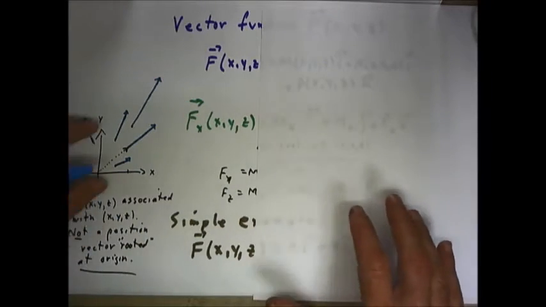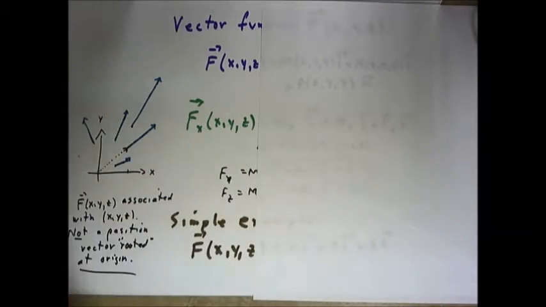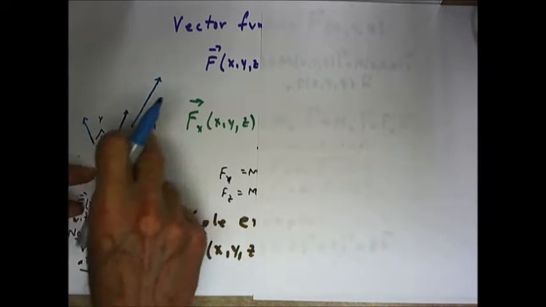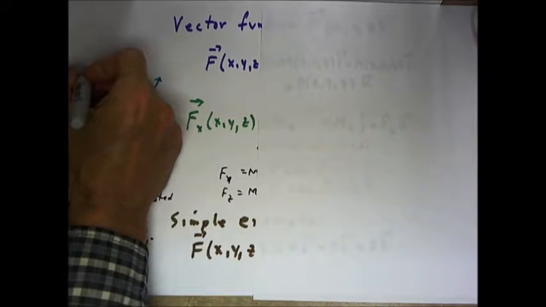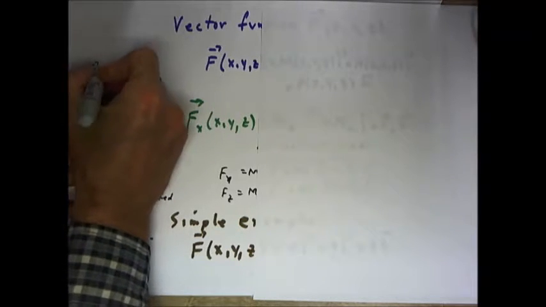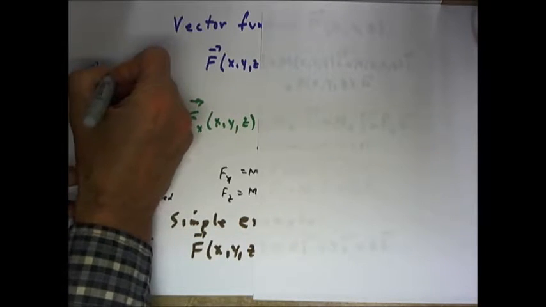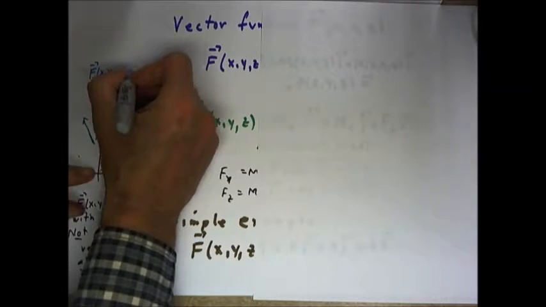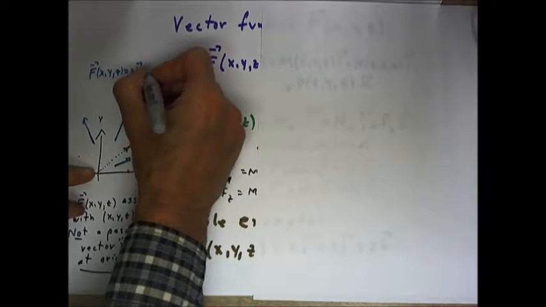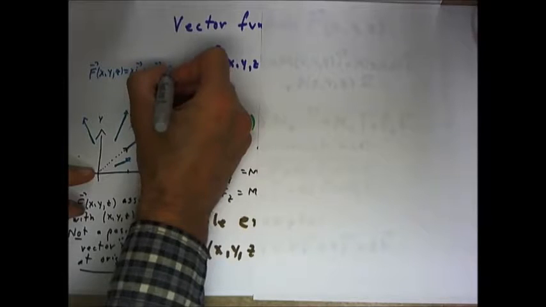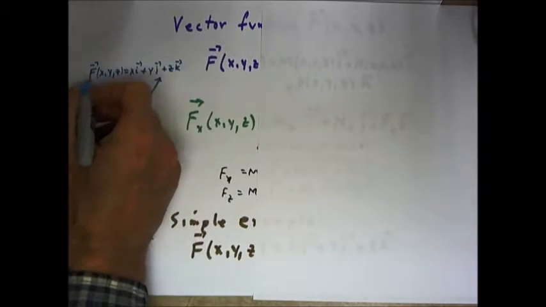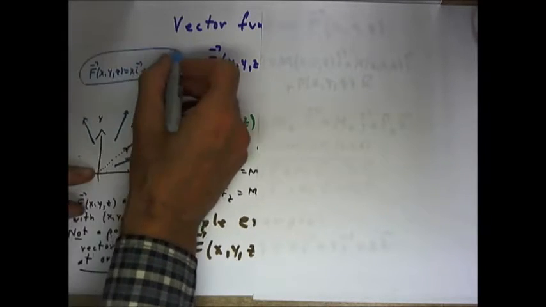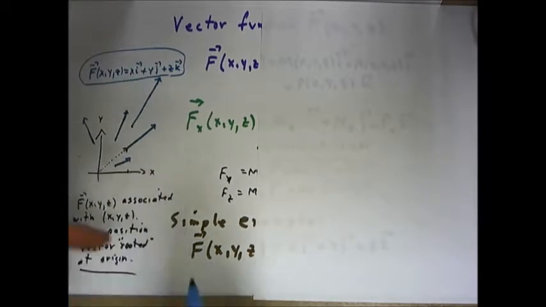Just that this can be an interesting example of a force field because it depicts a field that's directed away from the origin. However, that's about the only real useful characteristic of this field.